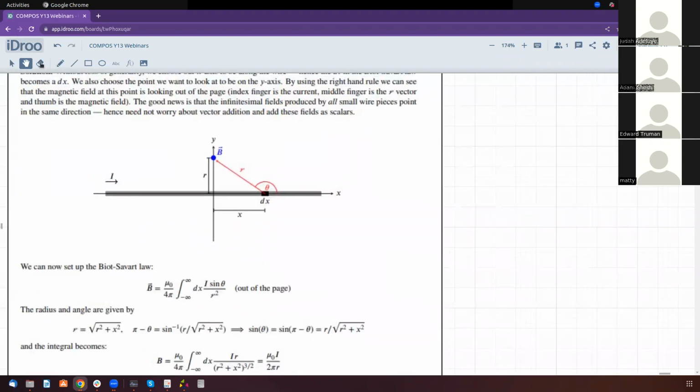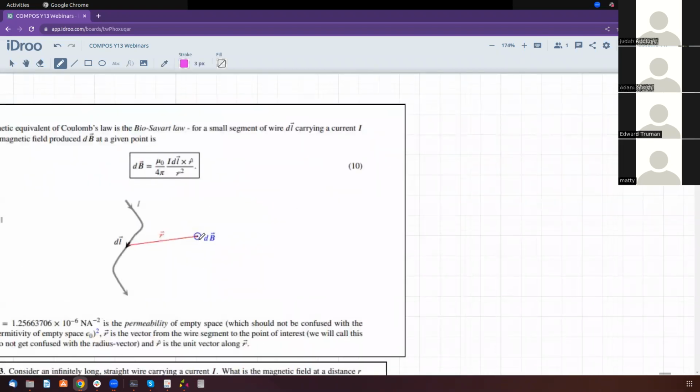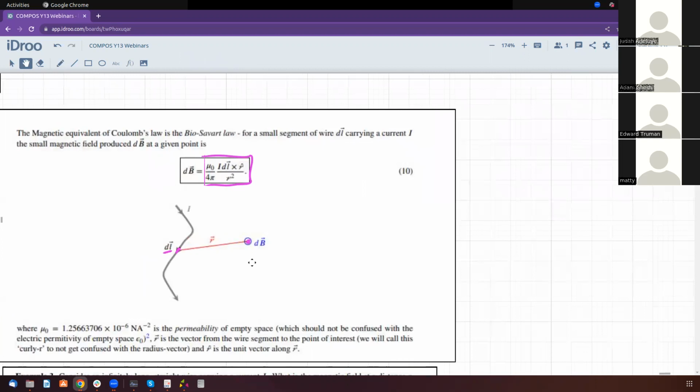Well, we have the magnetic field from a small section of wire. dL is a section of wire located at a distance r from a given point, and it produces a magnetic field. This is the formula for the magnetic field for a small segment of the wire.